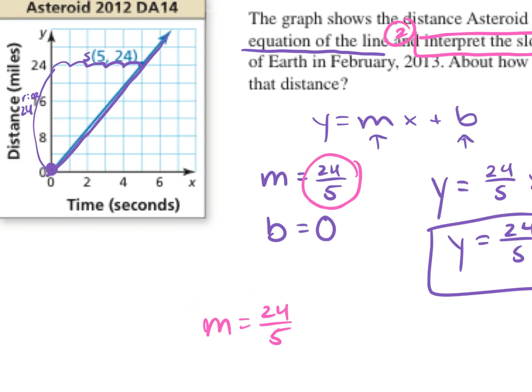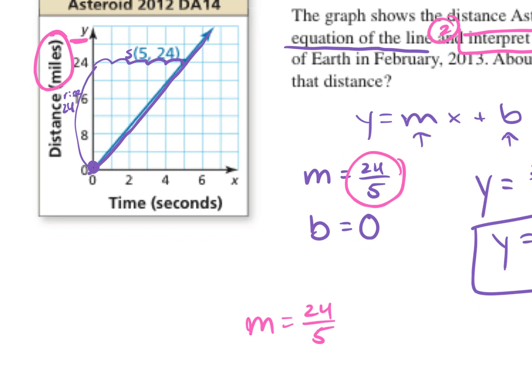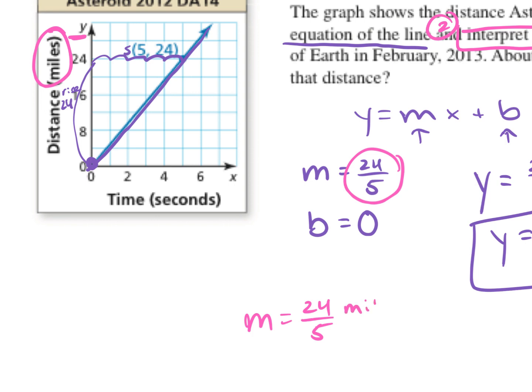That's how much we used in our run. What is that 24 talking about? 24 what? Miles. Use the words from the graph. We're talking about 24 miles. Miles is what the y is talking about. So 24 miles. And then what's the 5 talking about? Seconds.